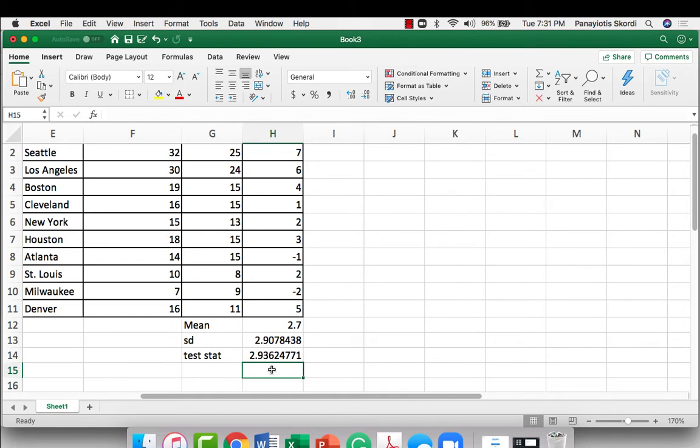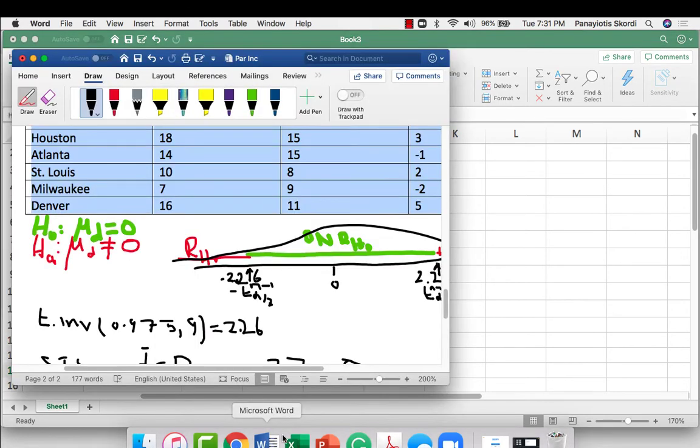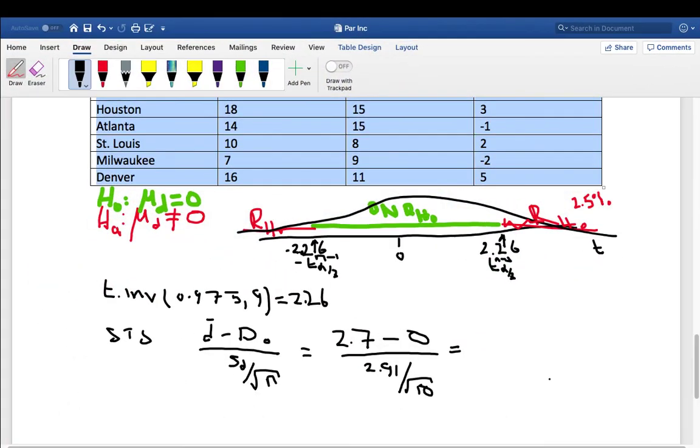And we already established what the critical value was. So let's quickly go back over to here. Test statistic comes to 2.94. So where does that fall?